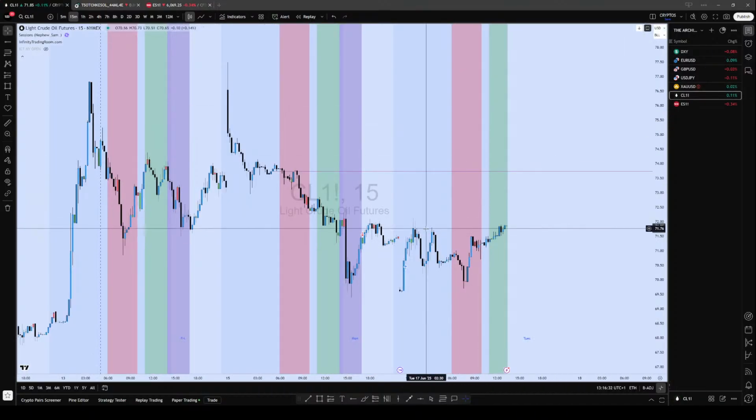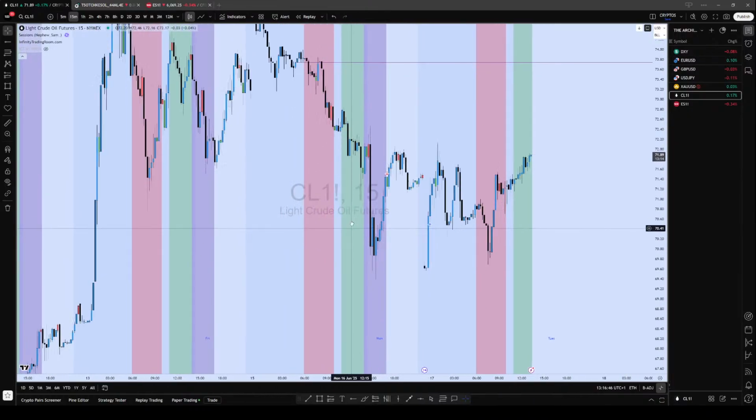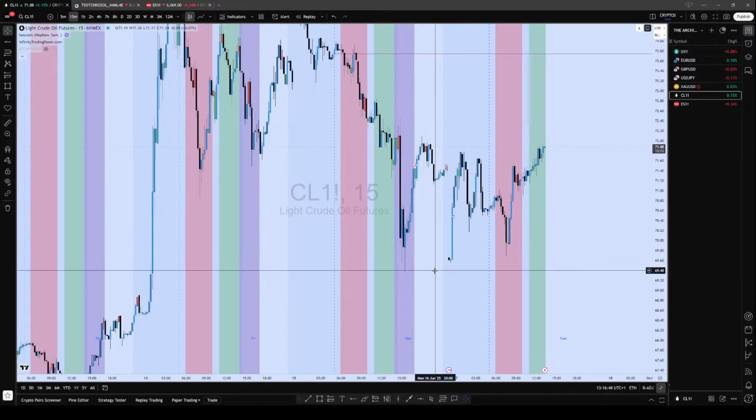Crude oil. So crude oil, something happened, which again I'm surprised by, because I went short here, as you can see. I sold again. I was selling that New York session gap, and I was aiming for this low.